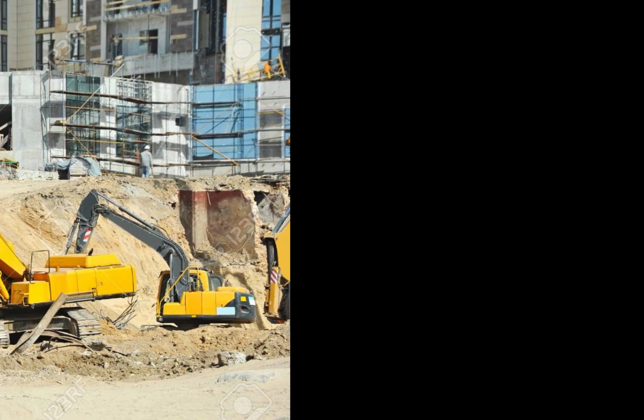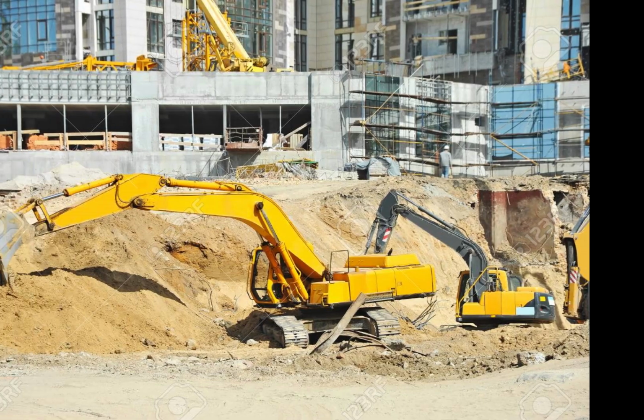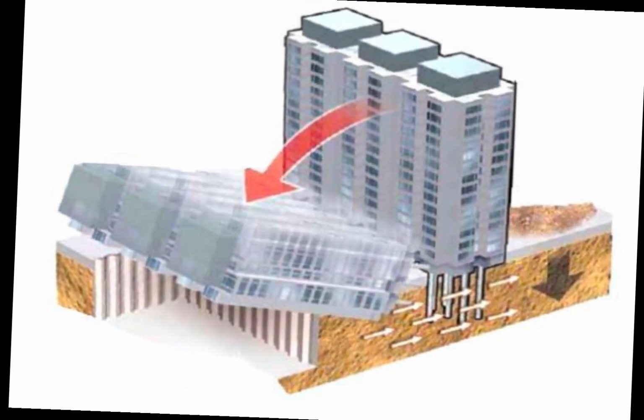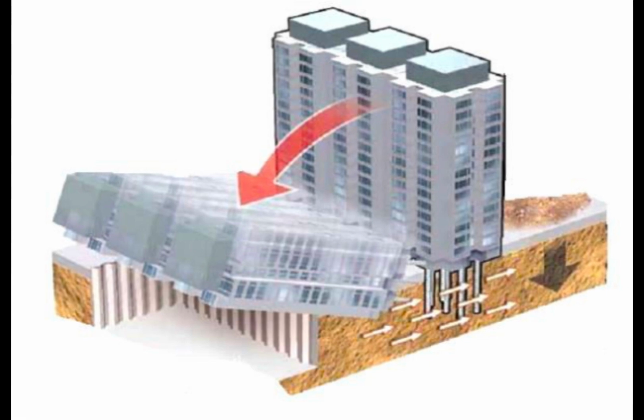And then another reason could be the digging of an adjacent structure, or excavation next to an adjacent structure. Maybe you want to build a structure adjacent to an already constructed building, then it might affect that already existing building.